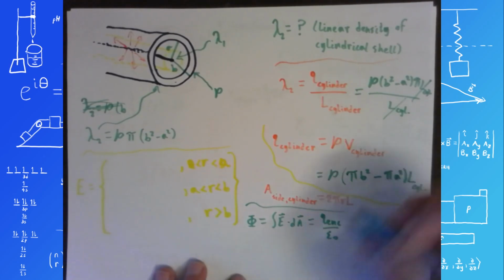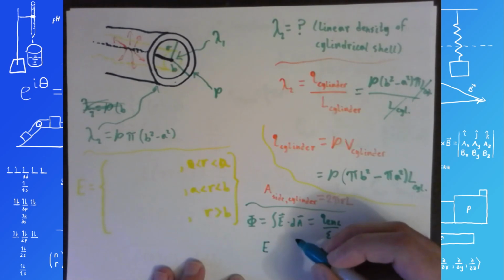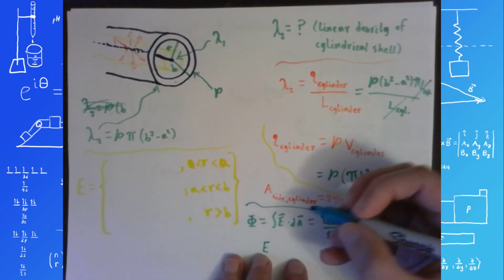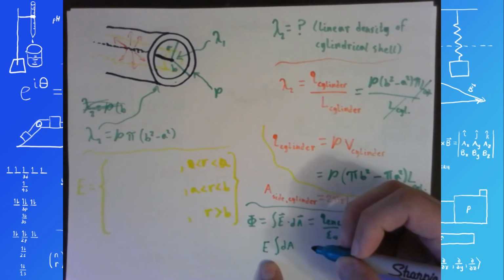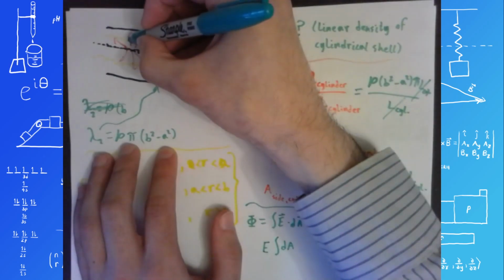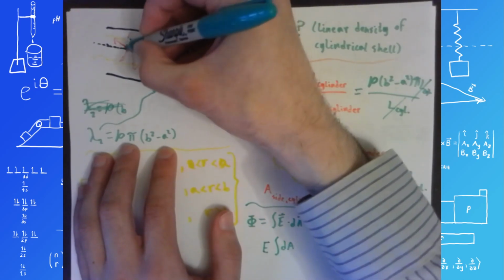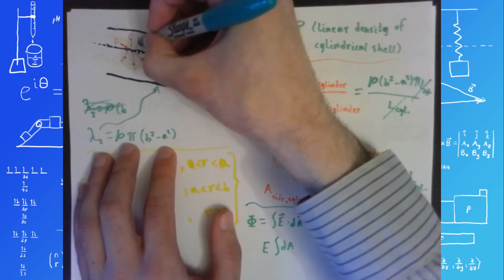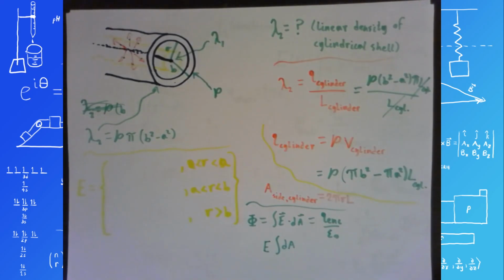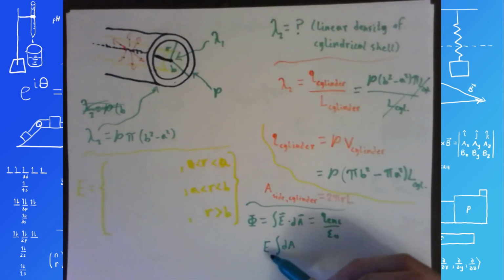So that leaves us with E times the integral of dA. The reason I can pull this E out is because, again, due to symmetry, I can assume that the electric field at this part of the surface is the same as the electric field at this part of the surface, and this one, and this one, and this one. So I can assume the same magnitude of electric field at all points of equal distance from my line of charge.